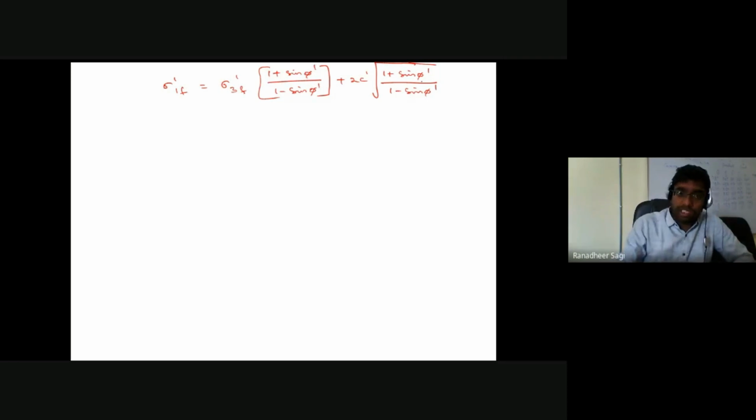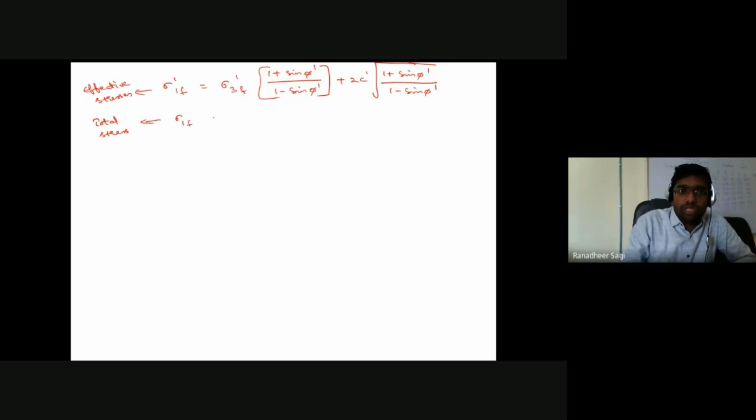This is in terms of effective stresses. In terms of total stresses, if I want to write down a similar expression, it is going to be the same. What is going to be my expression?